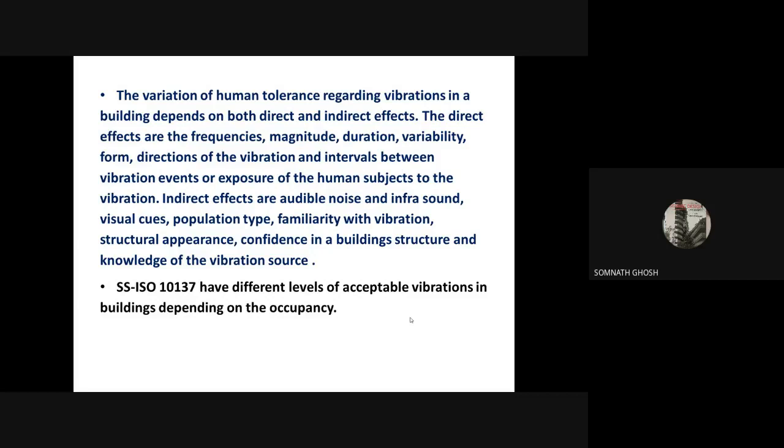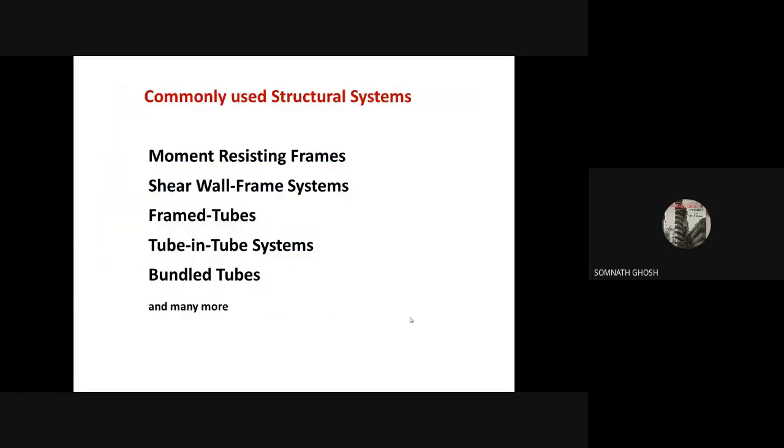This is the reality. Now you see, commonly used structural systems are moment resisting frame, you know it, shear wall frame system, frame tube, tube in tube system, bundle tube, and many more. Not only these five, there are many more systems which will give you some advantages, sometimes disadvantages.